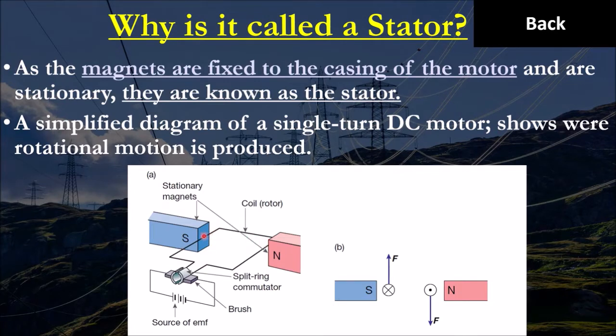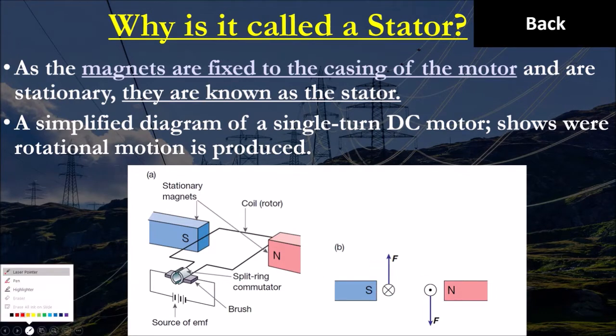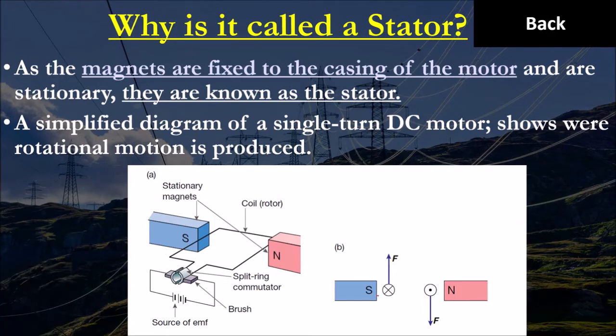Now, if this is the exact same view I have over here, and I draw my magnetic field, it's going directly across like this.